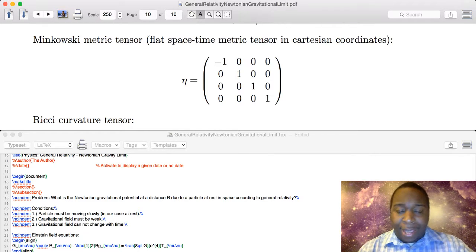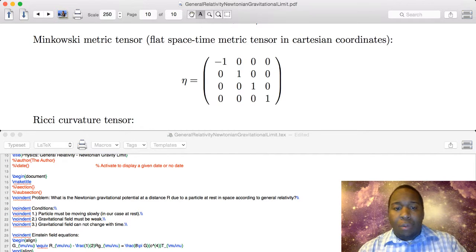And all we've done is taken this metric tensor, which I should note is going to be in Cartesian coordinates, where the 0,0 term corresponds to our temporal coordinate, the 1,1 term corresponds to our x coordinate, the 2,2 term to our y, and the 3,3 term to our z coordinate.